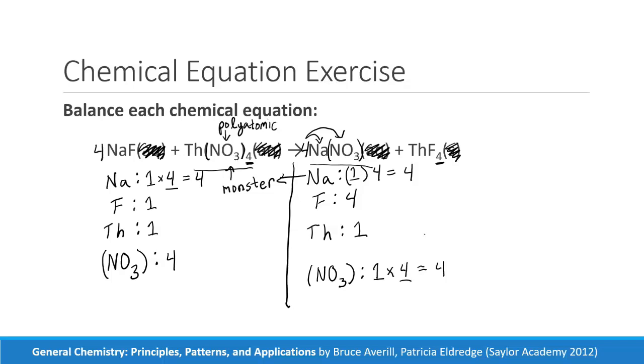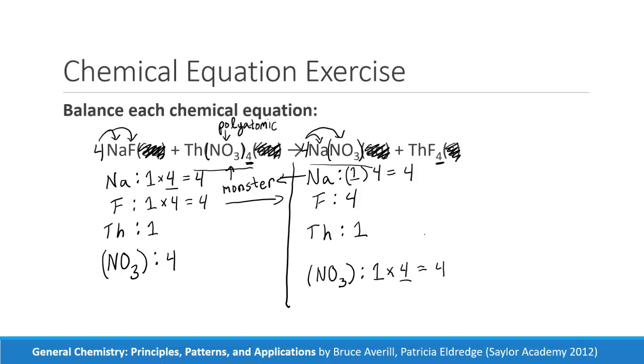So I have 4 sodiums, and it not only affects the sodium, but the fluorine, or the F, as well. So I'm going to multiply F by 4. Once I do that, I've affected the fluorine, so I want to go back and look at the fluorine on the product side, and those match. I've got 4 of each, and now everything is balanced.